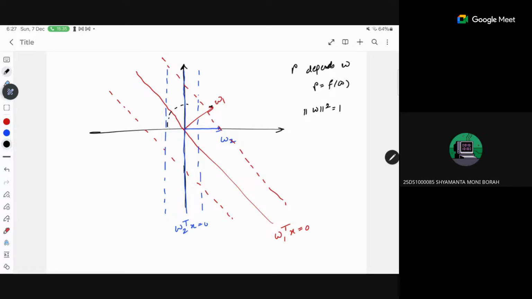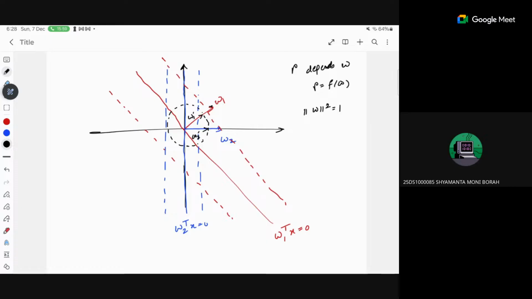Is it fine? So then my W1 will be this. This is W1 prime, the effective W1, and this is W2 prime, the effective W2 for this particular case. And accordingly my margins will change, right?